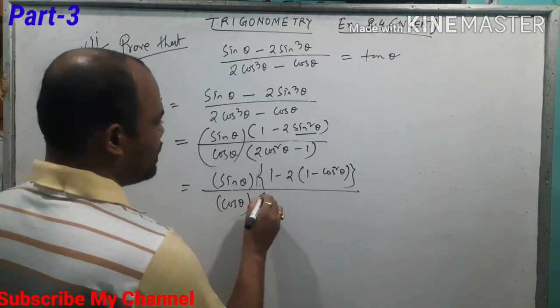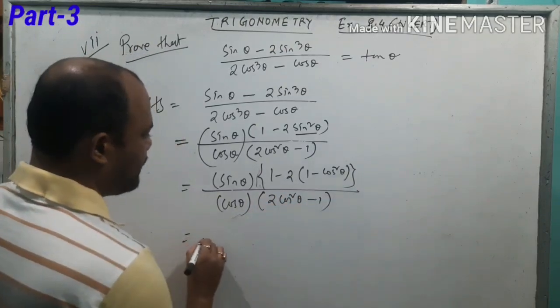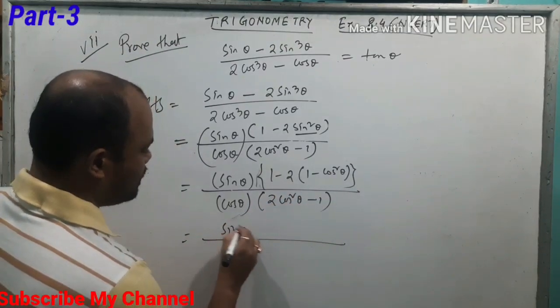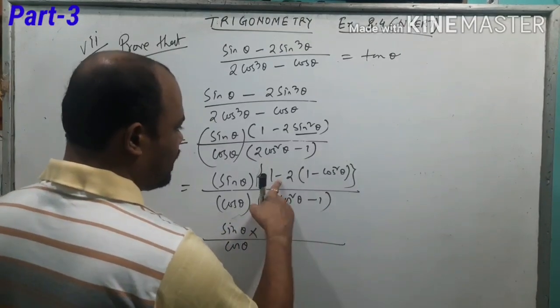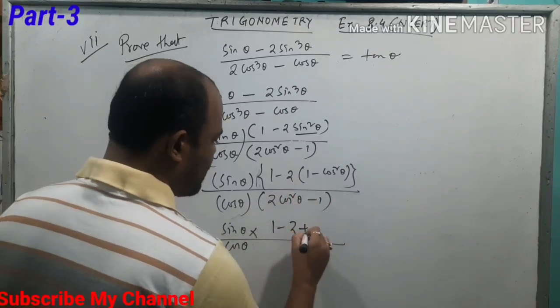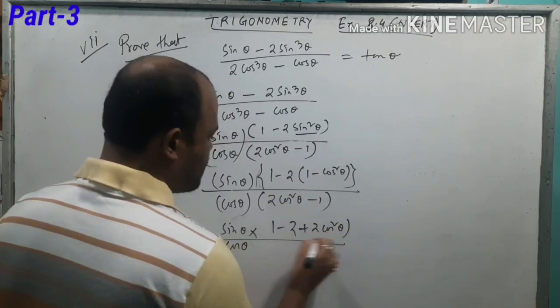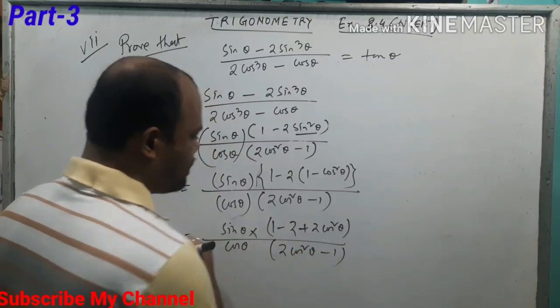Okay, cos theta here, no change in the denominator. Now since sin theta by cos theta is common, multiply by this: 1 minus 2 plus 2 cos square theta.